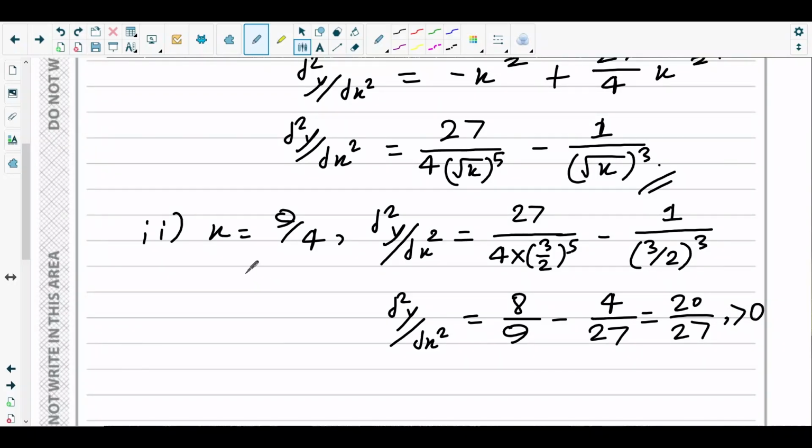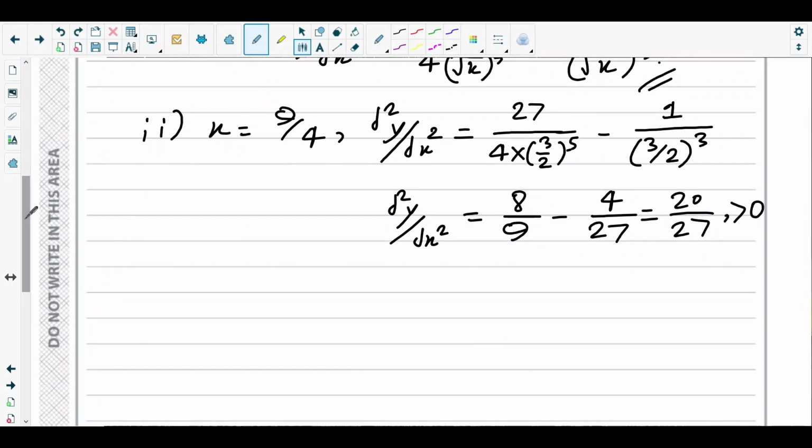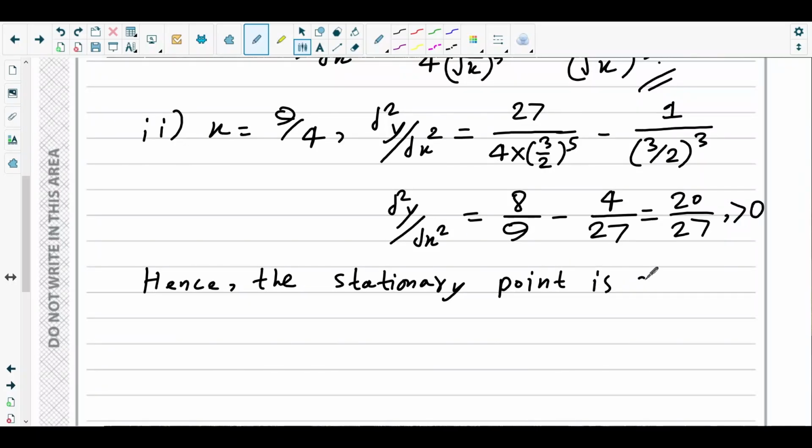So since the value of the second derivative at that stationary point is greater than 0, that is positive, we know it will be a minimum turning point, right? So hence the stationary point is a minimum turning point.